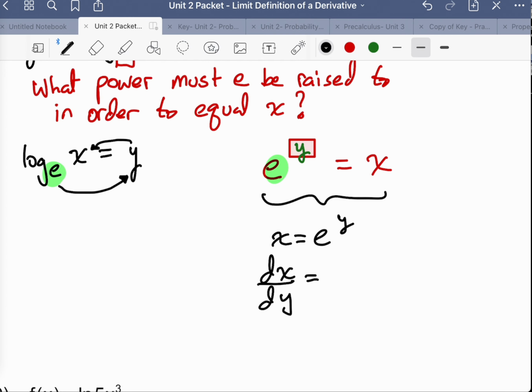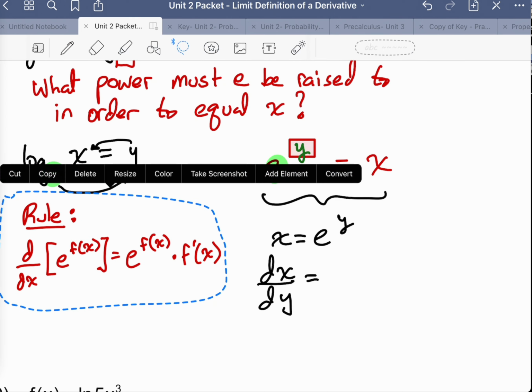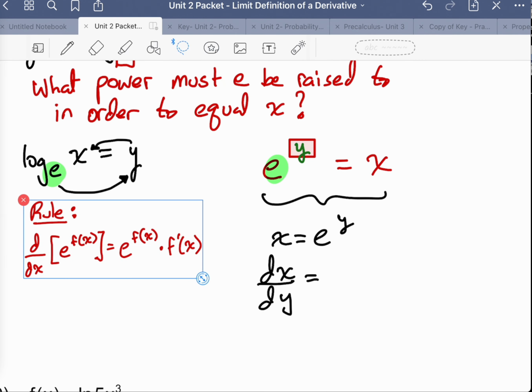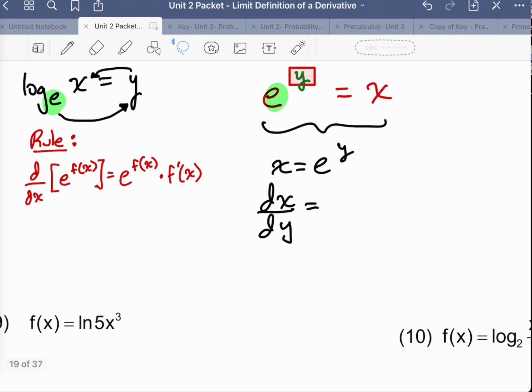Well, we have a rule. The derivative with respect to x of e to some function of x would be equal to e to that function of x times the derivative of that function of x. All right, so it's reliant on prior knowledge, but that prior knowledge is 2 pages ago in your packet, so it should be still there somewhere.